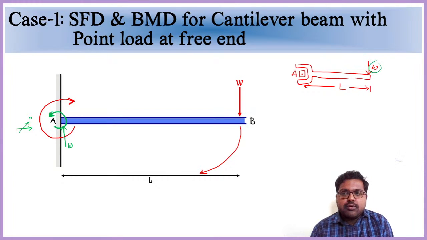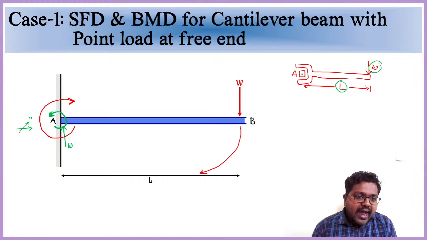Force is the W and distance is the L. So whenever we calculate a moment for couples, we take load into lever arm distance. Same I am taking here. So this anti-clockwise moment is W into L. This is the action, W into L. So the same reaction has to be produced, that is W into L.